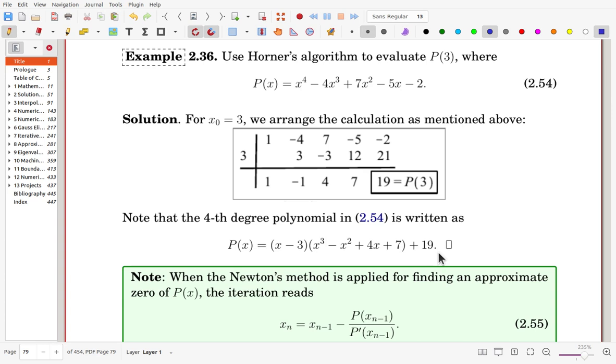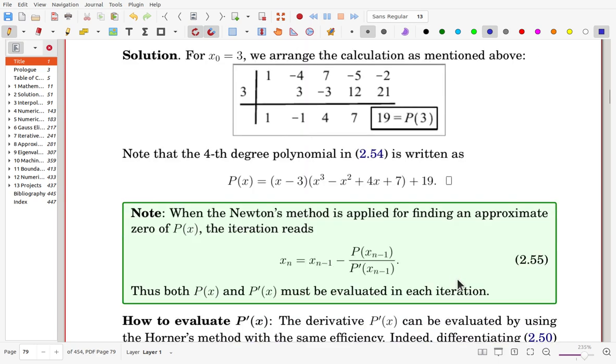For this synthetic division, we know there are only n multiplications and n additions required, so it's quite effective. Now, when we try to get zeros of a polynomial by using, for instance, Newton's method, in each iteration you have to get the polynomial value, and also the derivative value.